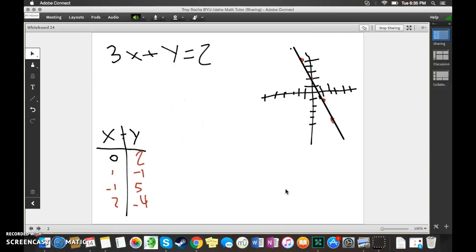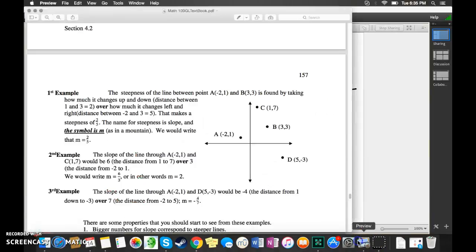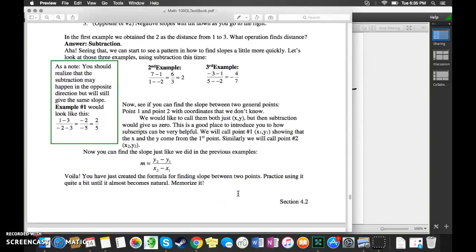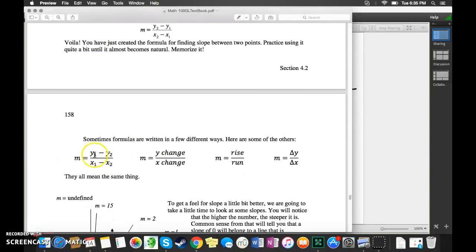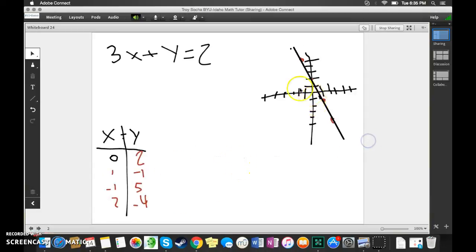In your book, you'll see different ways to describe m. But really, it's the change of rise over run. So right here, the slope formula is y1 minus y2 over x1 minus x2. The change in y over the change in x, or rise over run, is the best way I remember it. So in this case, let's solve this equation so we can see our slope. Our slope is always our x value, but we need the equation to look like this.